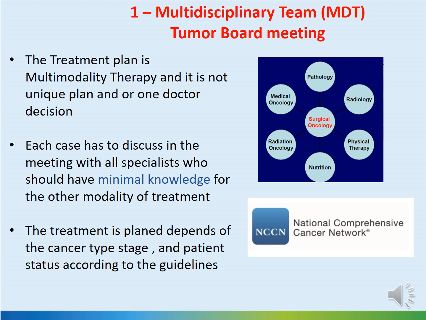Actually, this is the most important and most famous guideline. It is our Quran, let us say, as oncologists. These guidelines are updated every 3 months, and they change depending on the results of research.